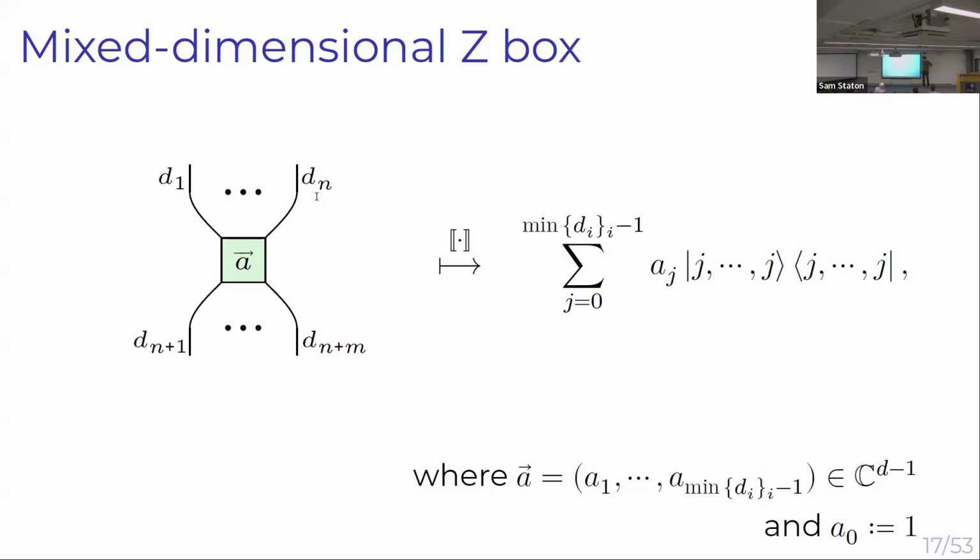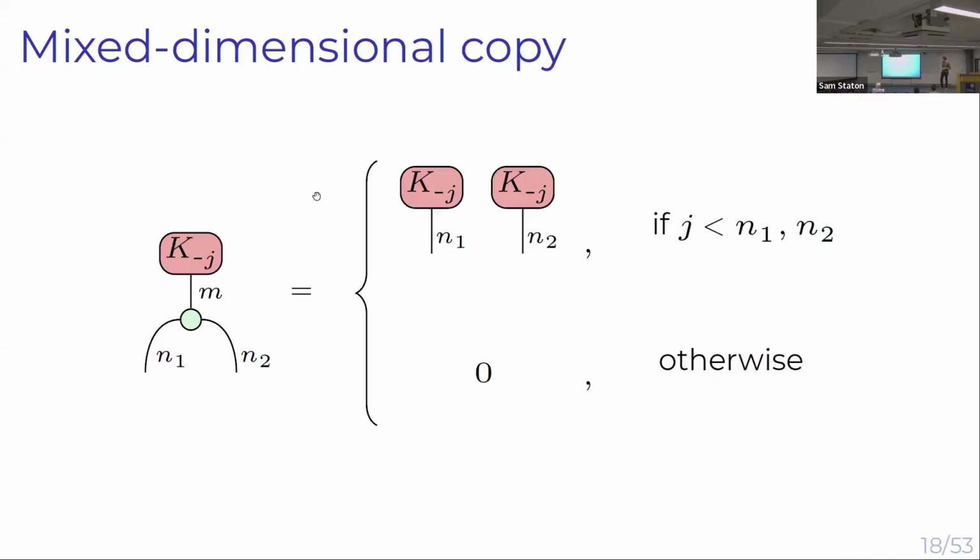And we have this notation, which we can define in the language. It's a mixed dimensional Z box. What it does is behave the same way as the Z box in the qubit case, but you cut off at the minimal dimensions. So what do I mean by this cutoff? Just as an example, the mixed dimensional copy rule.